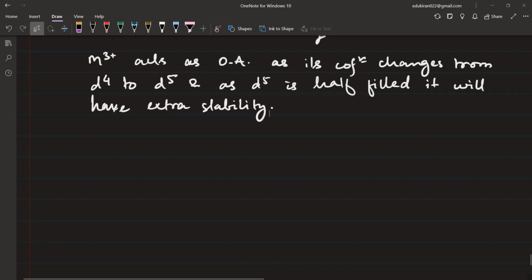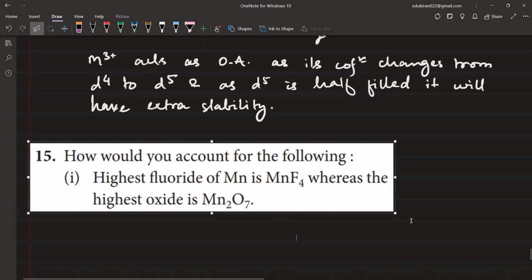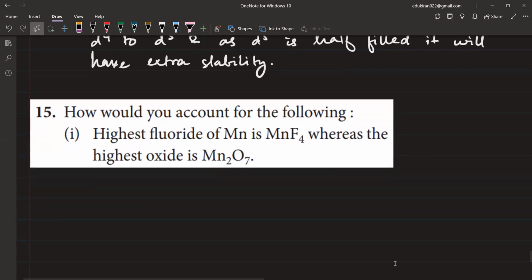Okay, write some other questions. Highest fluoride of Mn is MnF4, whereas highest oxide of Mn is Mn2O7.